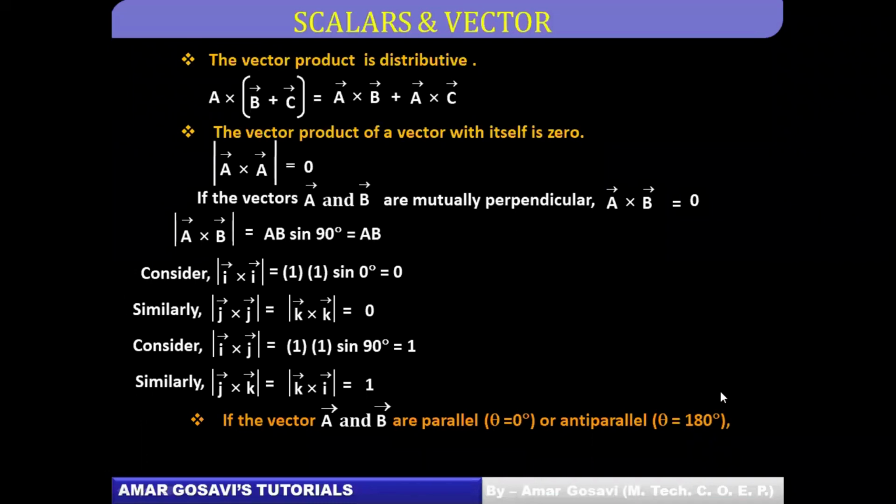In that case, the vector product A bar cross B bar is a null vector. Why? Because sine 0 is 0 and sine 180 is also 0. So when you take the cross product of A bar cross B bar, you will get 0, and 0 is nothing but a null vector.